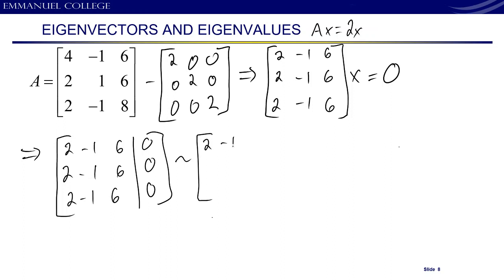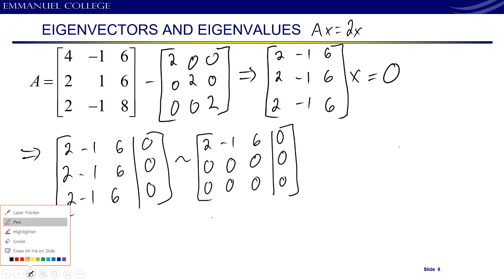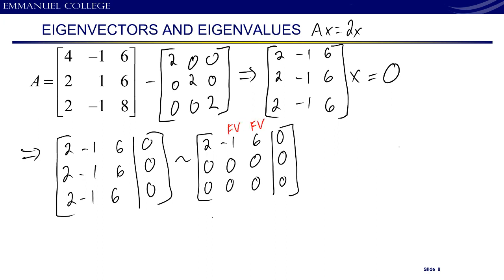So that's going to give me 2, negative 1, 6, 0, and all other entries are just 0. So in this case, we actually have not 1, but 2 free variables. I'm going to divide this by 2 to make it a little bit easier. So this will be 1, negative a half, 3, 0, and again, all these entries are just 0.